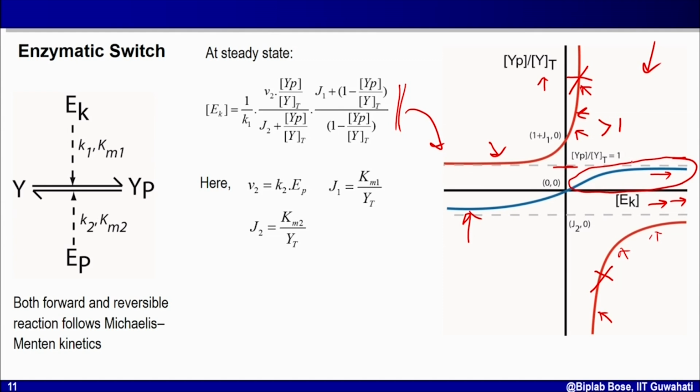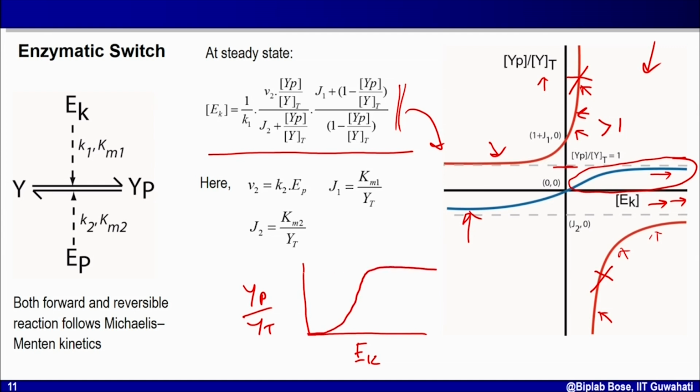In this region, this blue line is working like a sigmoid curve, initially increasing and then saturating near 1. So what I get here from this algebraic relation is that if I remove all those impossible things, and plot Ek in my horizontal axis and Yp by Yt in my vertical axis, then the behavior will be a sigmoidal one, where it will saturate at a maximum value of 1.